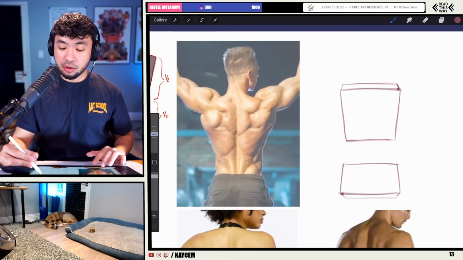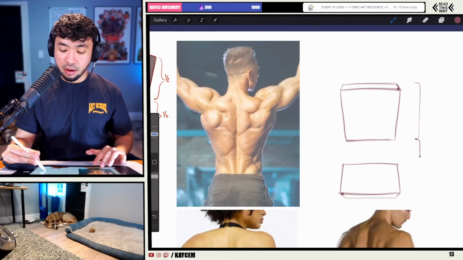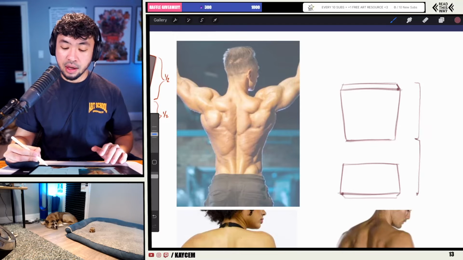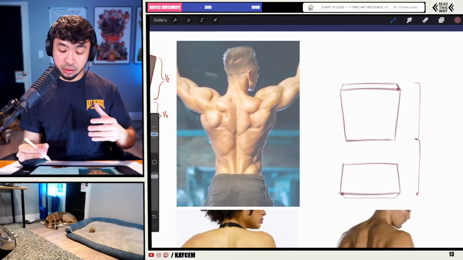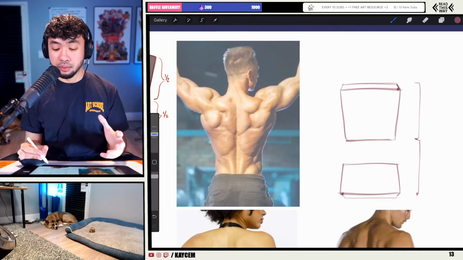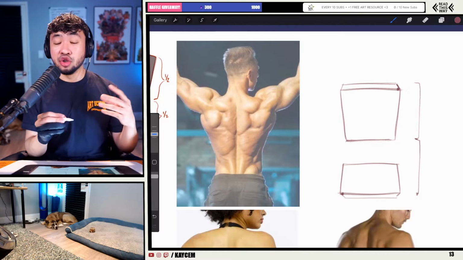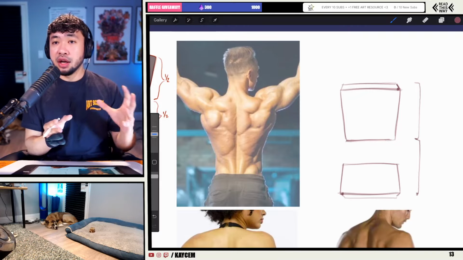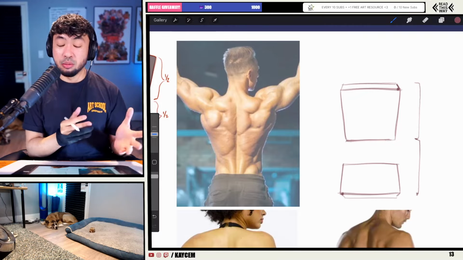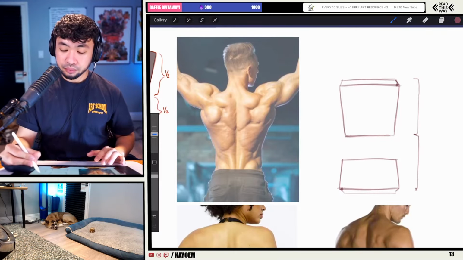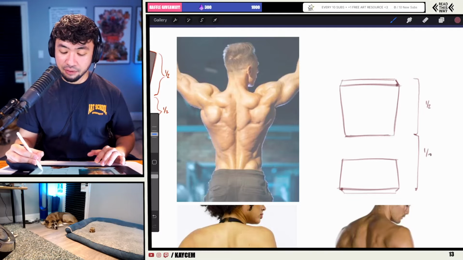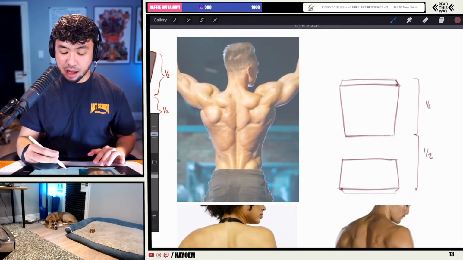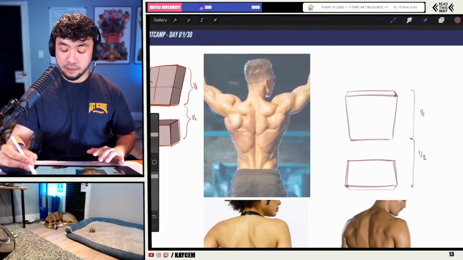Basically here, what I'm trying to show you guys is that the upper half of the torso is roughly the same distance from that 10th rib cage to the pelvic bone at the bottom there. So you can use this as a general guideline, and then later as you want to stylize your characters and change the proportions, it'll be a lot easier to do, right? So like 1/2, 1/2. All right, but we've basically established the rough structure here of our torso.